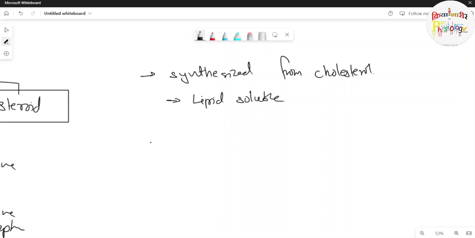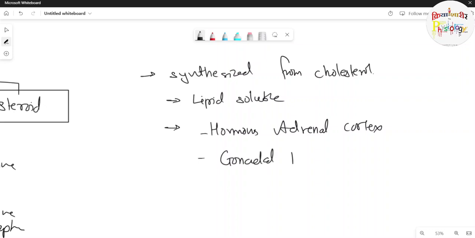Okay. Examples of these steroid hormones are hormones secreted by the adrenal cortex and gonadal hormones, meaning hormones secreted by testes and ovaries.